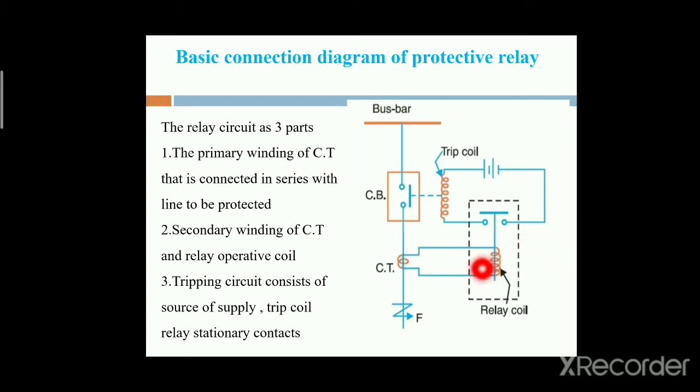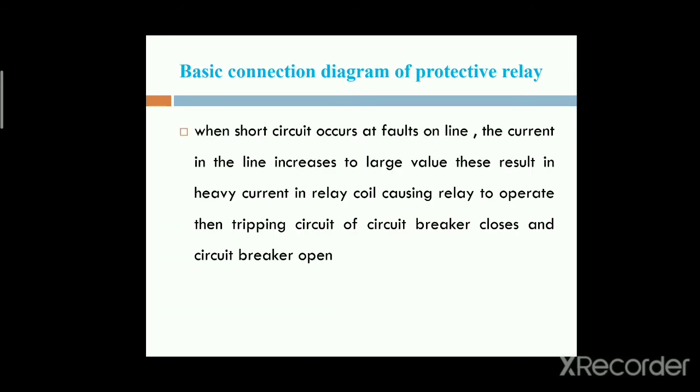When the relay coil is energized, it pushes this contact and closes the tripping circuit. When the tripping circuit is closed, the tripping coil is energized, and the circuit breaker is operated.